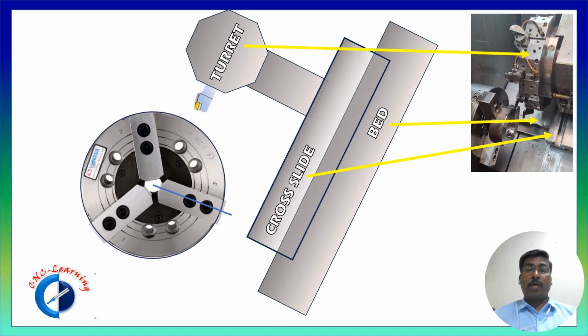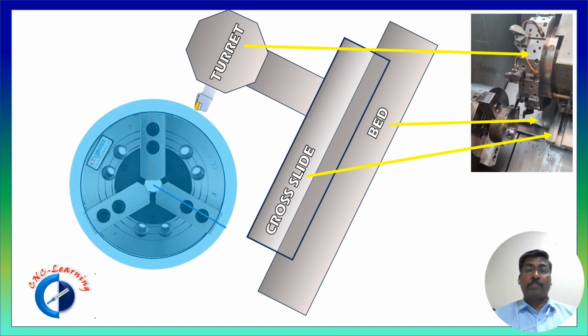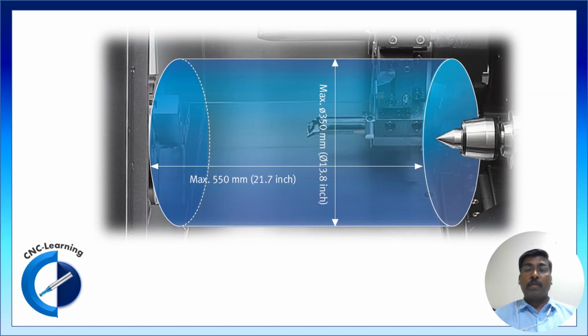Then comes the maximum turning diameter. So you can see for this machine what is there in the catalog. There is a maximum turning diameter and there is a maximum length. Here there is a chuck and here there is a tailstock which is kept on the maximum side, and with the standard tool, what diameter can be turned.